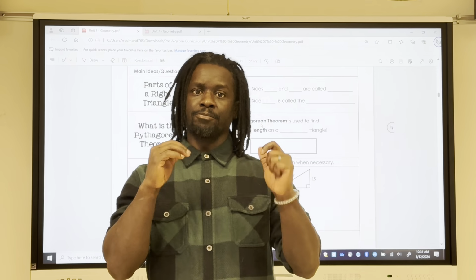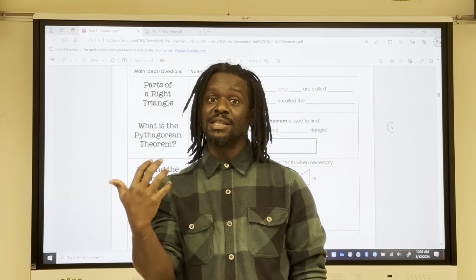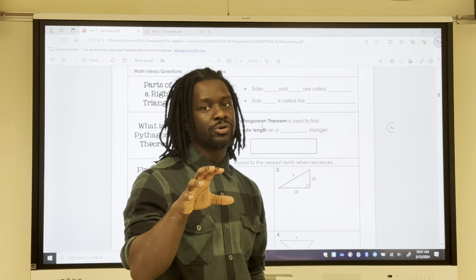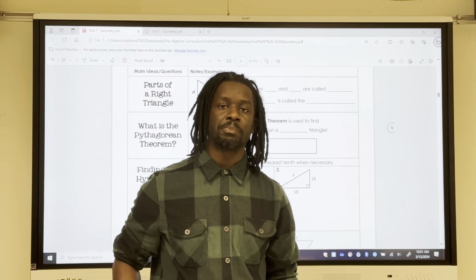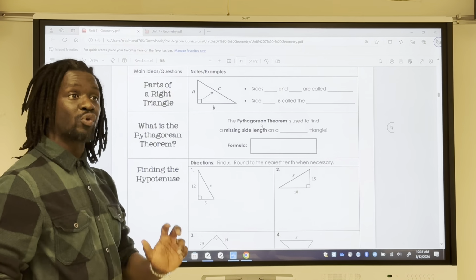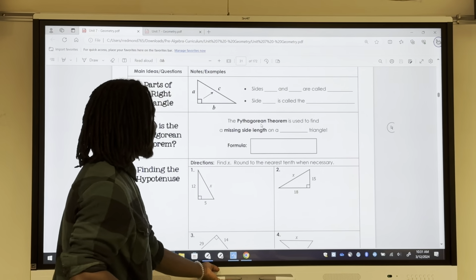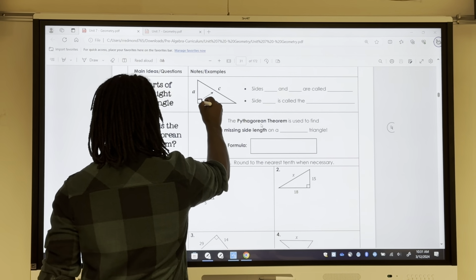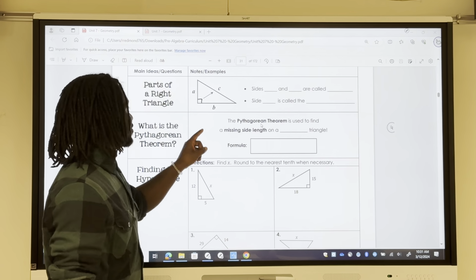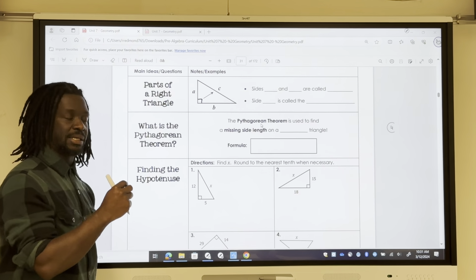And so today we're going to see the relationship between the sides of a right triangle. I'm going to introduce some vocabulary that's going to be super important for you to understand. Okay, so the parts of a right triangle. Again, it is a right triangle because it has a right angle in it. Just like when we were dealing with angles, whenever you have this square in the middle, that means it's a right angle, okay?